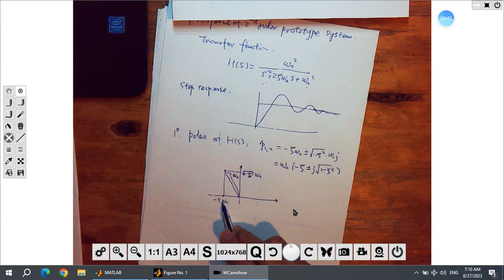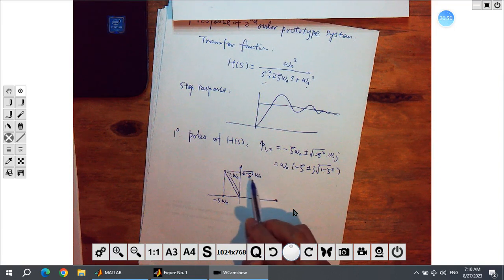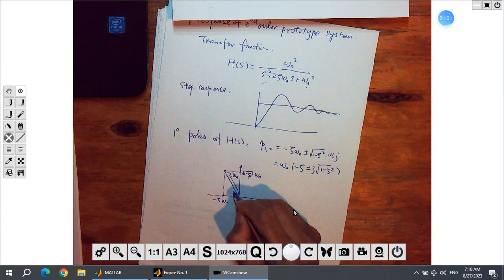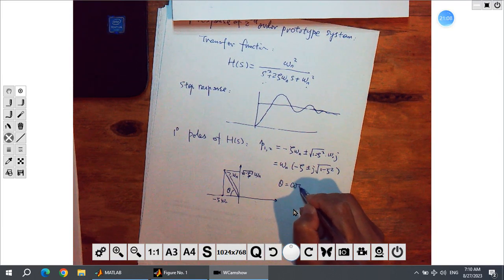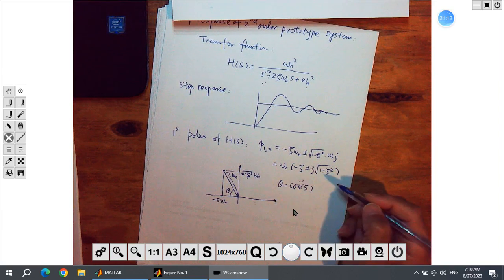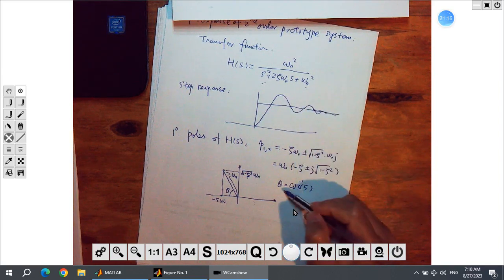If this takes square, this takes square, you add them together, then the zeta squared omega n squared will be cancelled. You already have omega n squared, take square root, so it is just omega n, right? And then we have a theta. This angle theta equals arc cosine of zeta. And this theta is very important because in the output, we need this theta.